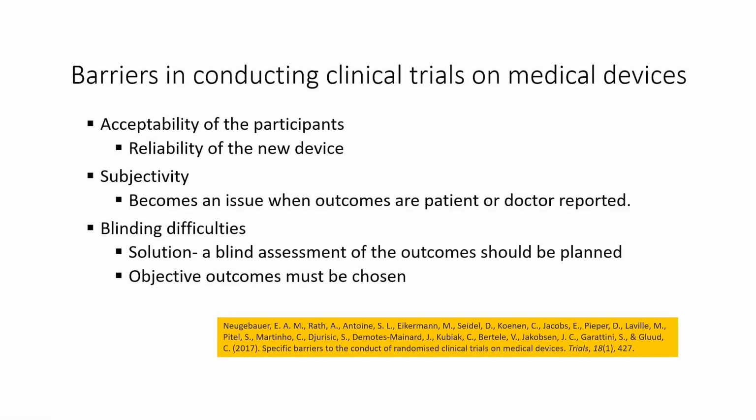Acceptability of the participants, reliability of the new devices or technologies, subjectivity becomes an issue when outcomes are patient or doctor reported. Blinding difficulties are other challenges which you will face often in conducting clinical trials, but they have to be taken with some caution, like while looking at what are the future outcome measures. Like in burn victims, blinding may not be an issue because you are aware that the burn areas are different.